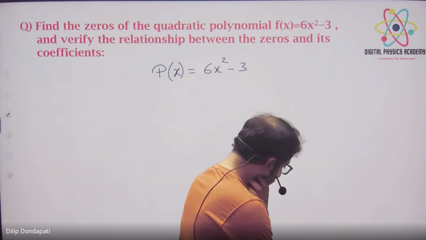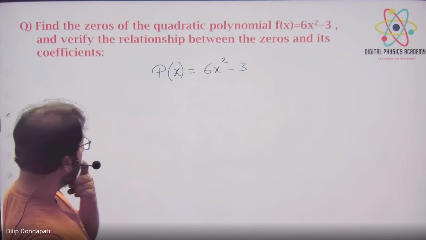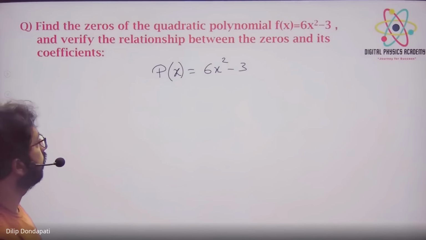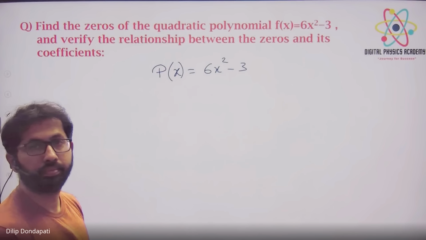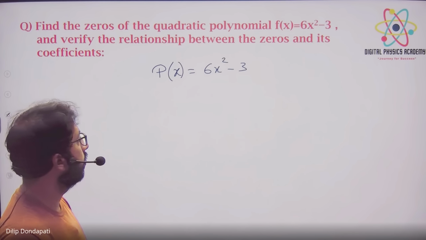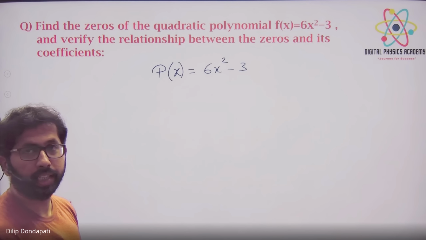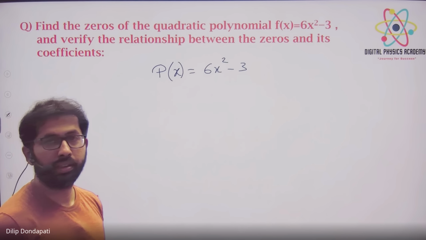Find the zeros of the polynomial. इसमें b term is missing, right? ax square plus bx plus c.